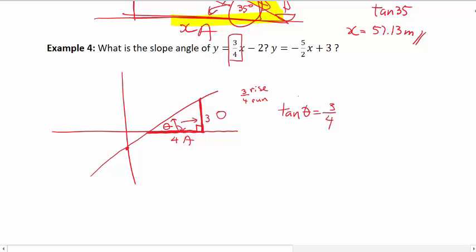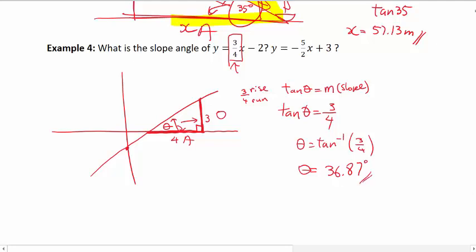Where's 3 over 4? It is the slope. So it is going to be equal to m, which is the slope. So again, theta equals tan minus 1 of 3 over 4. So theta is equal to 36.87 degrees.